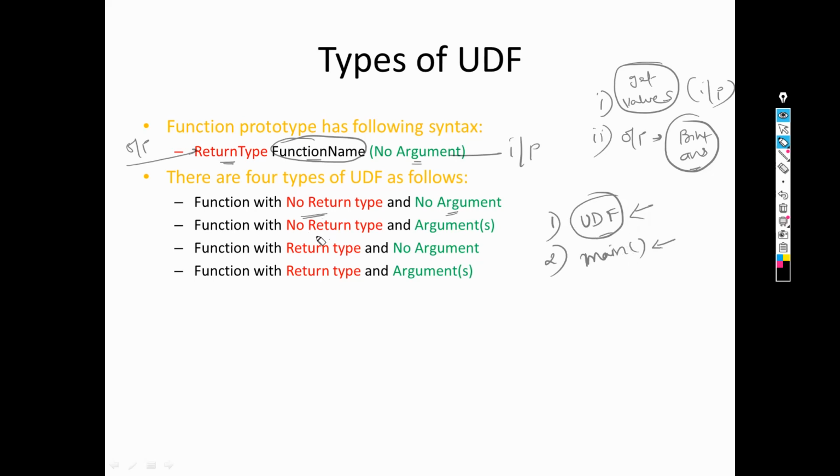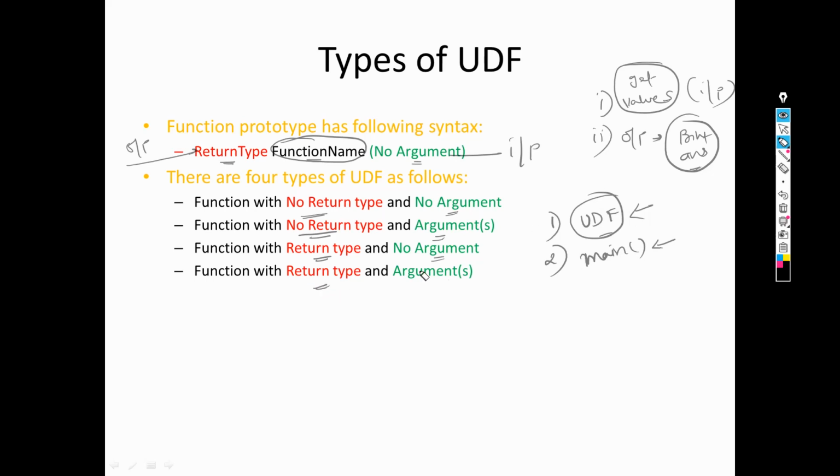Second is no return type but with arguments. It means the user defined function will take some value from main, but it will not give any value to main. So it is only taking, not giving. Third is return type but no arguments. It means the user defined function is giving a value to main, but it is not taking any value from main.